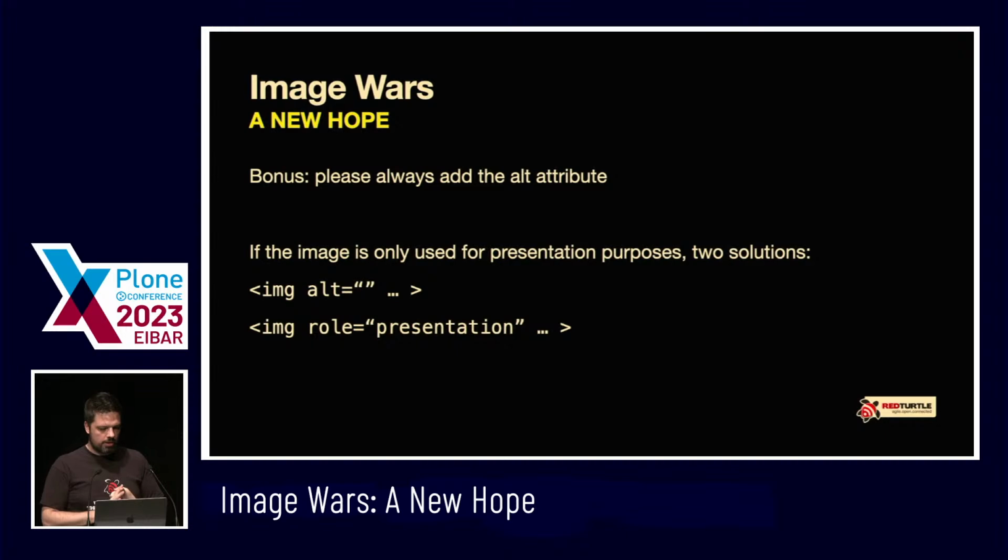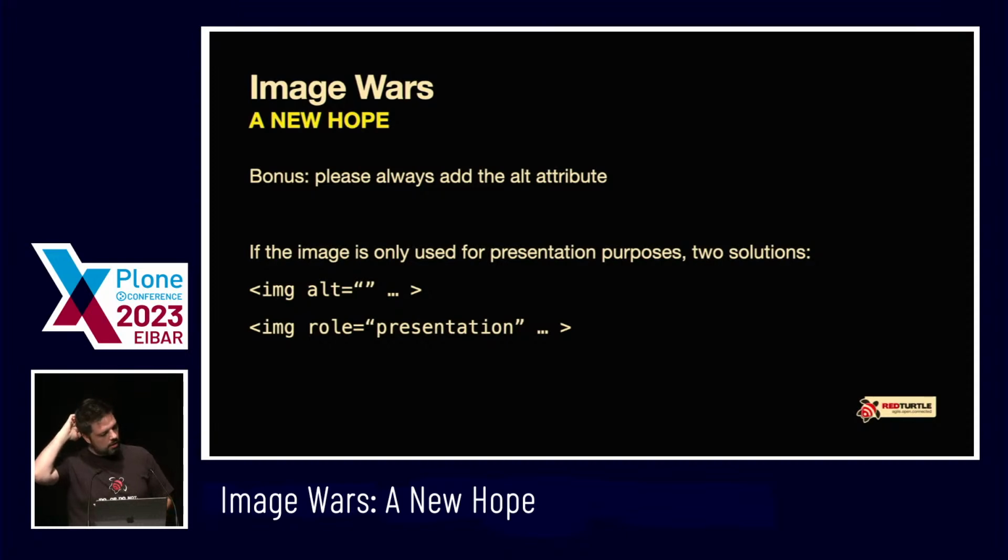So there are two situations here. You can have an empty alt attribute, which is fine, and it's not the same as not having the alt attribute. Not having the alt attribute is not saying anything. Having an empty alt attribute is saying actually a lot: it means this is not relevant for content.